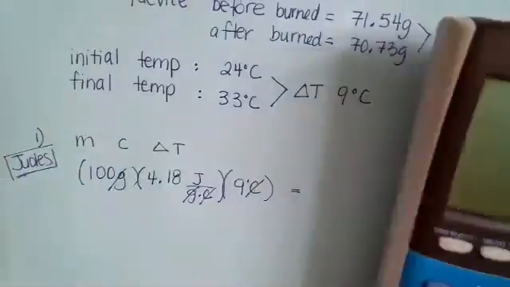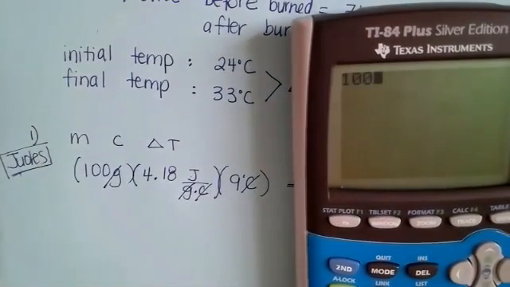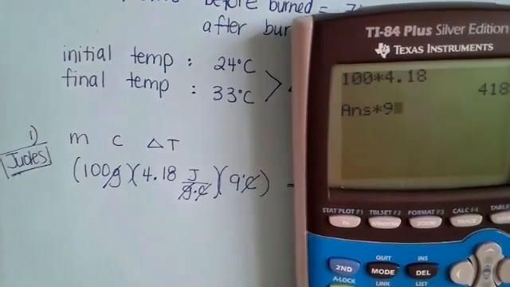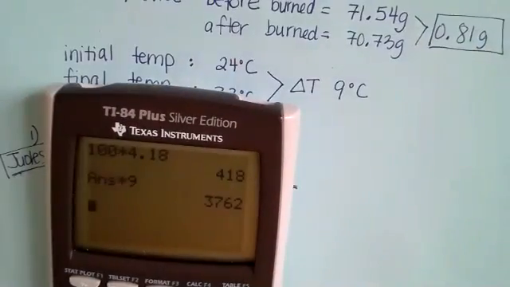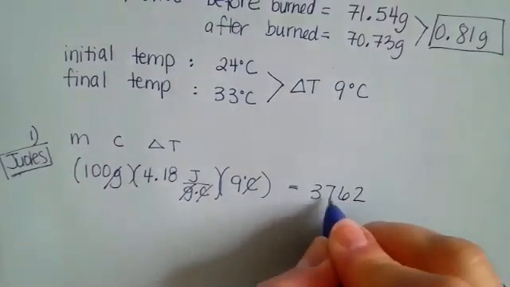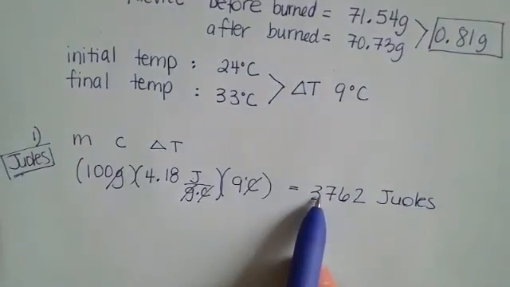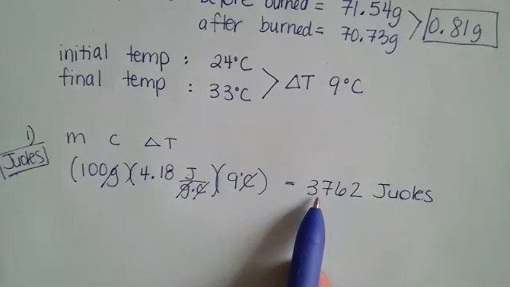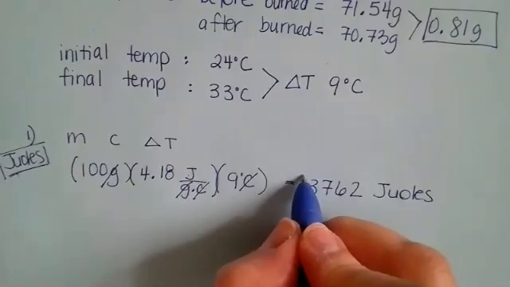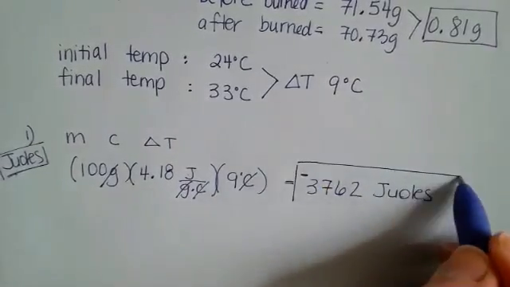Then I'll take my calculator, and I can go 100 times 4.18 times 9, and I get 3,762 joules. However, this is how much was absorbed by the water. To indicate how much was given off by the marshmallow, we merely change the symbol. So now I'll box it in because that was my final answer.